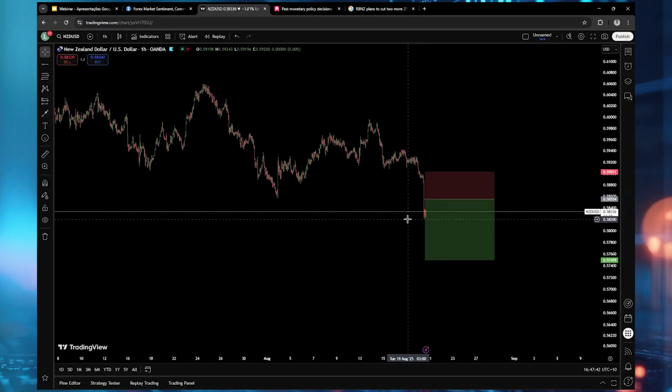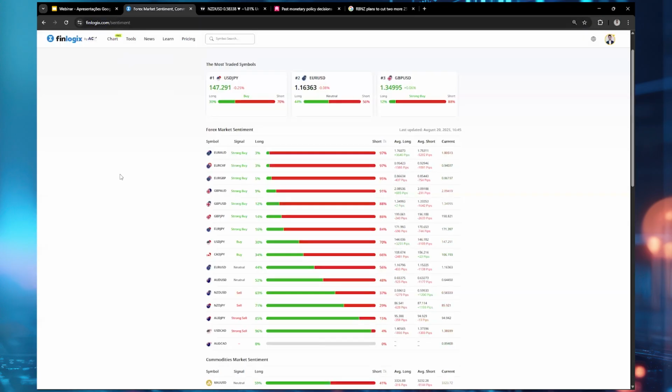Cool. Now, I think when we look at the New Zealand dollar here, it's one of the best opportunities because the sell side is small, but it's not that small as, for instance, euro yen, that is only 16%. So for the euro yen, we may catch a smaller up move, but for the New Zealand dollar, we may catch a bigger down move.